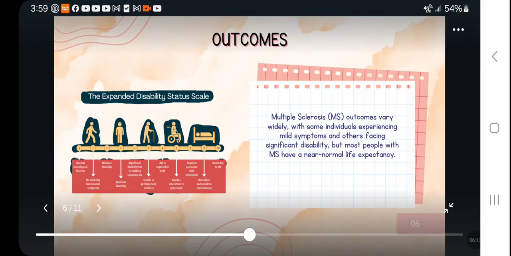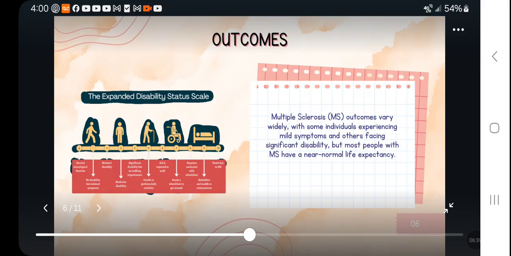Next, I have outcomes. Multiple sclerosis outcomes vary widely, with some individuals experiencing mild symptoms and others facing significant disability, but most people with MS have a near normal life expectancy. The picture on the left is basically normal people, no disability, but mild symptoms.